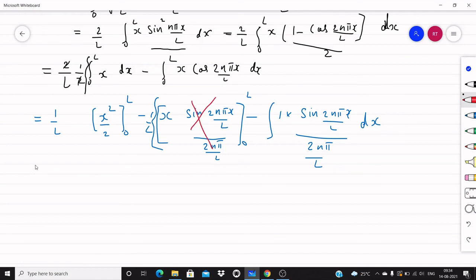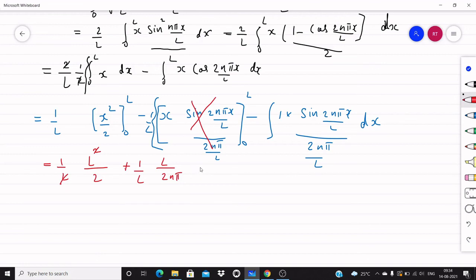Now come to first term. This is 1 by L. Applying the upper limit, you will have L square by 2. So cancel 1 L. Now minus of minus 1 by L is there. Minus of minus, this term will be plus, and you have a constant L by 2 n pi. Now integral of this term.